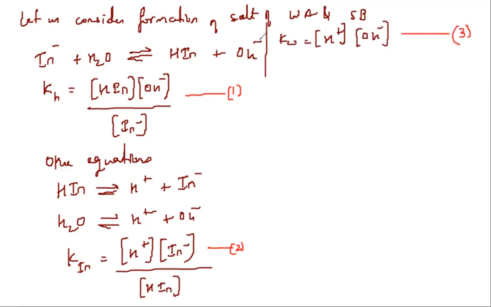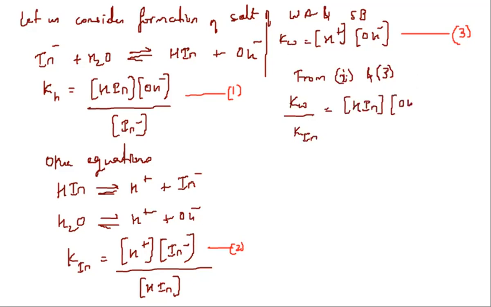Now from equations 2 and 3, I can write Kw divided by K_In is equal to, this goes to the numerator, it becomes HIn into OH minus, H plus gets cancelled, divided by In minus. Let me call this equation 4. Understood? From equations 2 and 3, I got this.